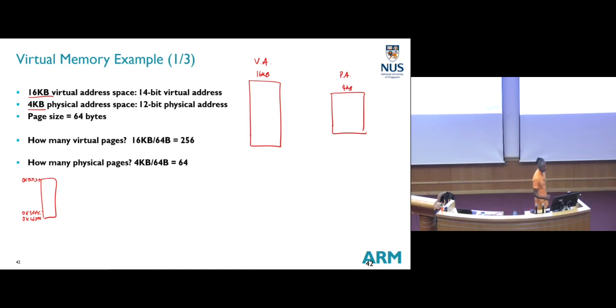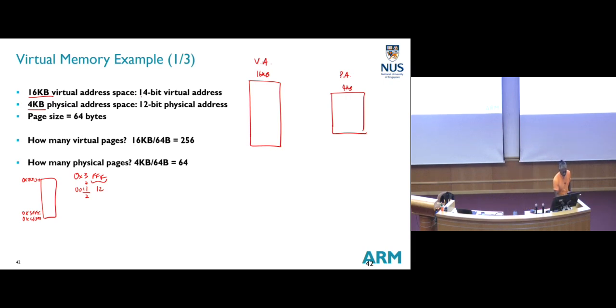So 3FFF means what? This will be a total of 12 bits, and then 0011 is 2 bits, so a total of 14 bits. That's how you get your 14 bits.